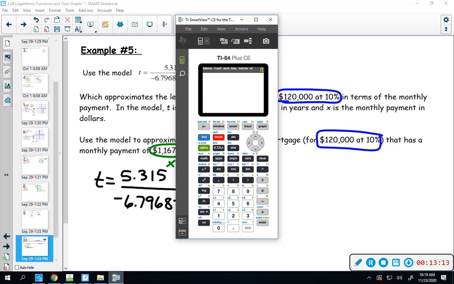So here we go, 5.315 divided by, I'm going to put parentheses around the denominator because we have multiple terms there, 6.7968 plus the ln. ln's right there to the left of 4, 1167.41. I'm going to close up my ln, and then close up the overall parentheses for the denominator. Enter.